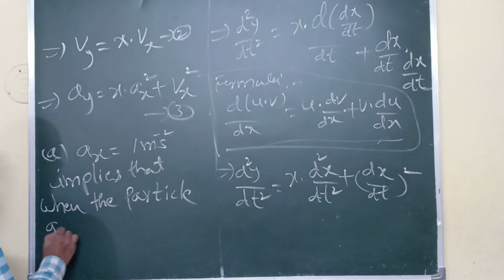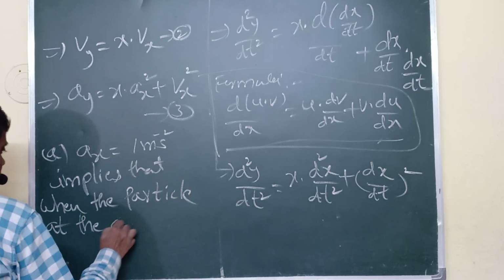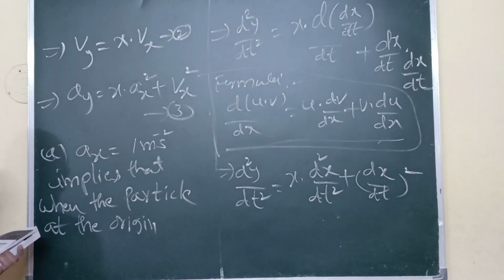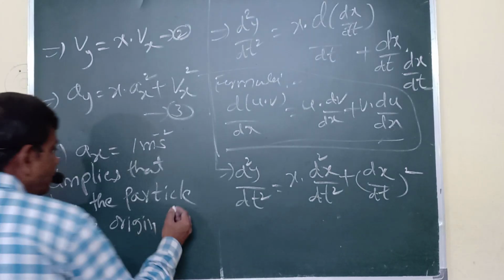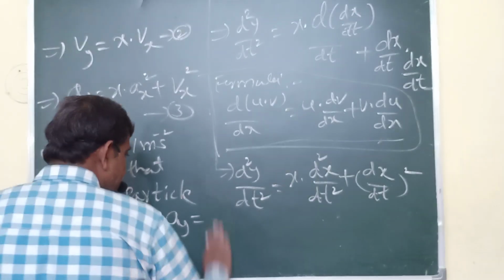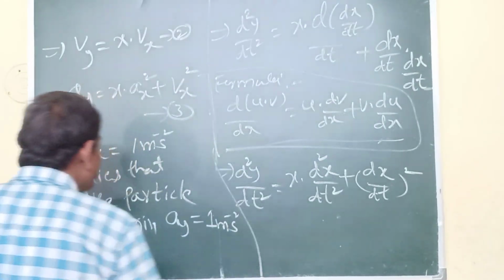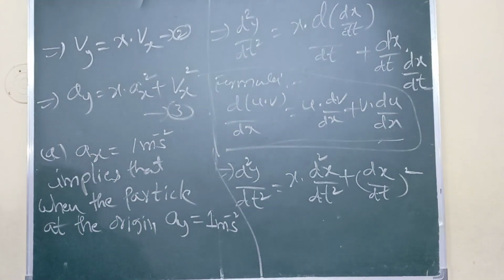The origin means x and y coordinate 0. Ay equals to 1 meter per second square. This is one question. We are verifying is it correct or not. So that is my first question.